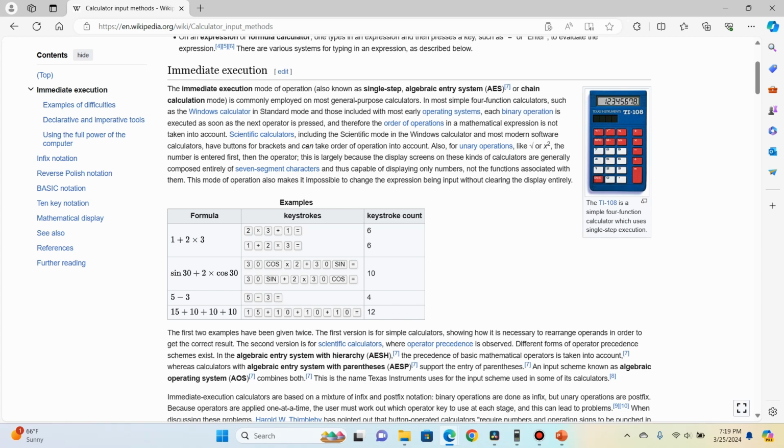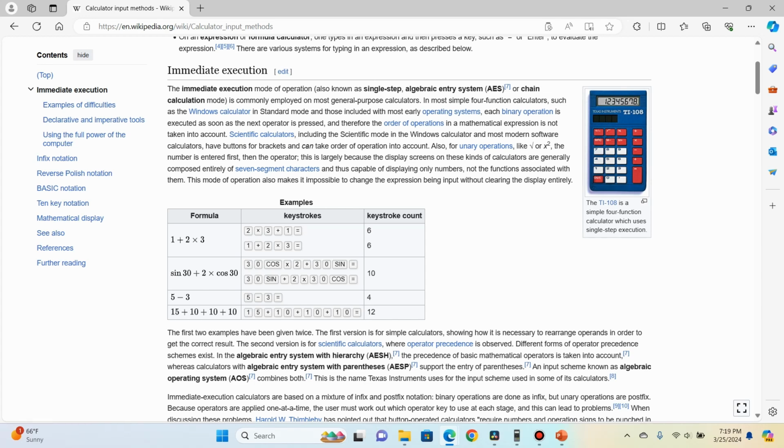And so the keystrokes that you would need to use would be 2 times 3 plus 1 equals. And I realize the problem is written out 1 plus 2 times 3. But if you're going to do that on an immediate execution type calculator, you already have to know that the multiplication has to be done first.